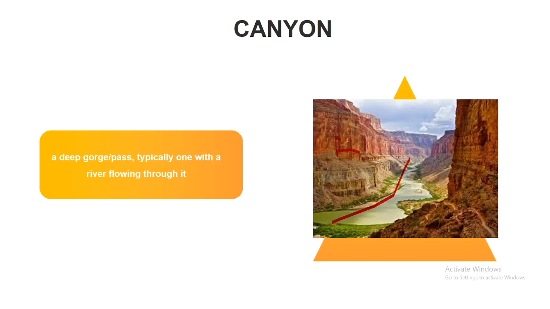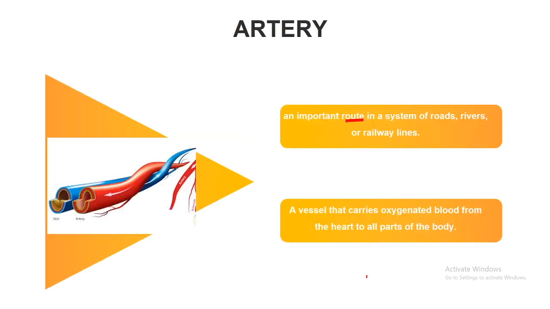So these are the Rocky Mountains. This is the Rocky Mountain. This could also be the Rocky Mountain. This in between here is the Glenwood Canyon, and it is acting as an artery. What is an artery? An artery is an important route in a system of roads, rivers, or railway lines.